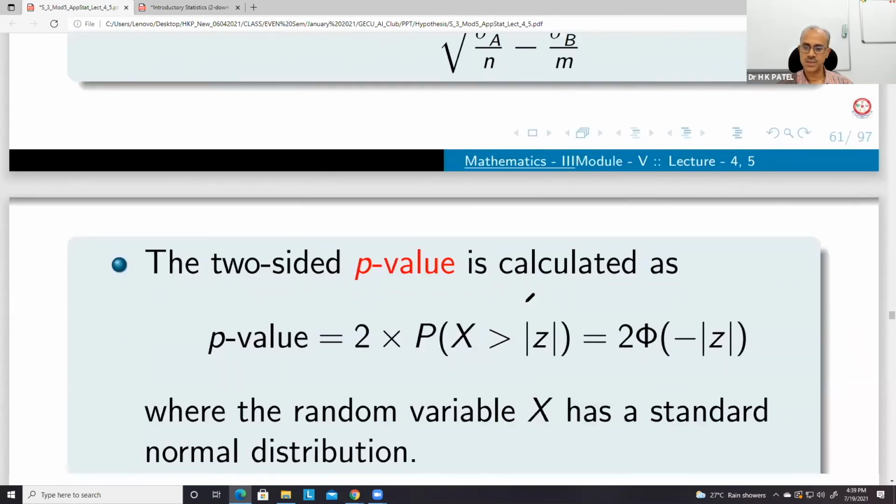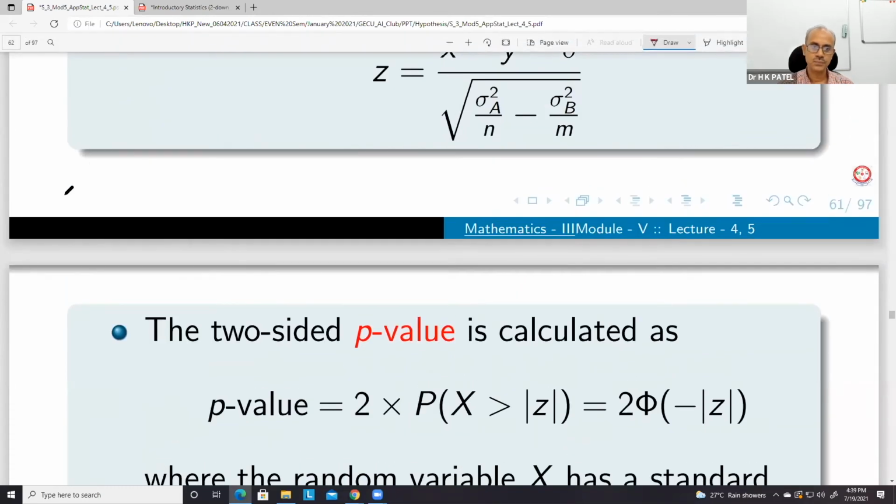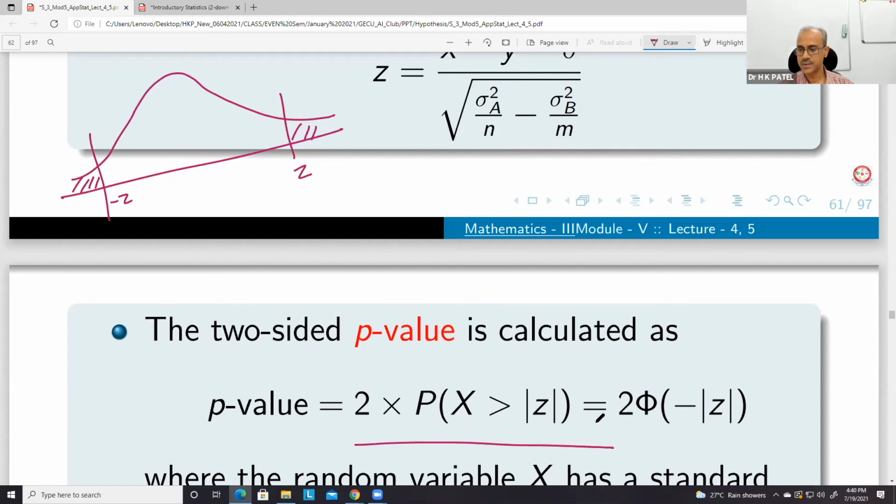There is a p-value again in this case. If this is Z, then this is minus Z. These two areas you just add, and therefore it is 2 times P(X greater than Z), and this area is actually capital phi of minus Z.